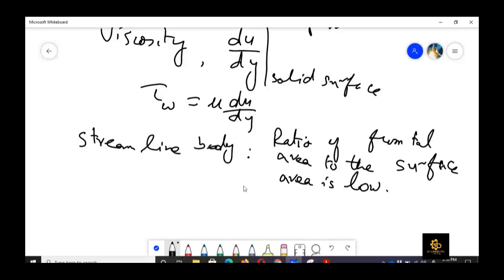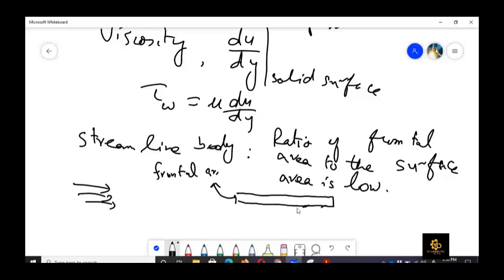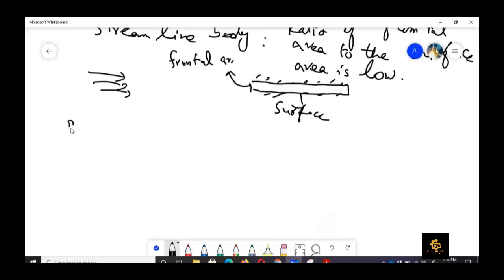It means that if we have a thin body like this, the surface area is this one in total, and this is the frontal area if the flow is coming from here. The surface area is this one, bottom and top surface included. So the frontal area is low, and the surface area is quite huge. And then we have a second type of drag, which is pressure drag.